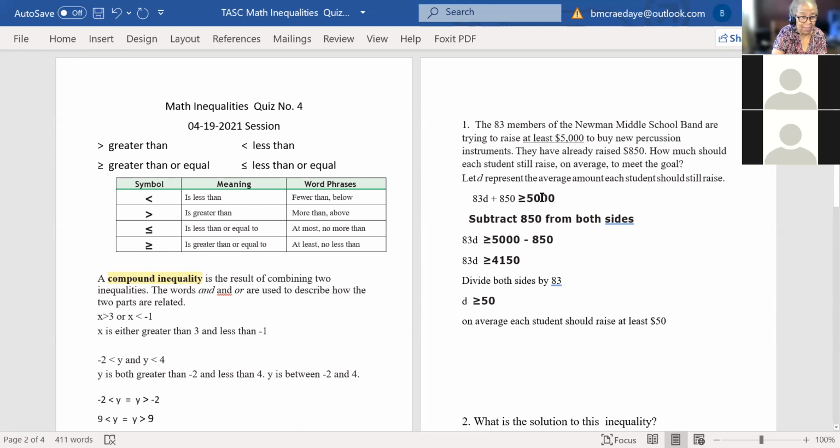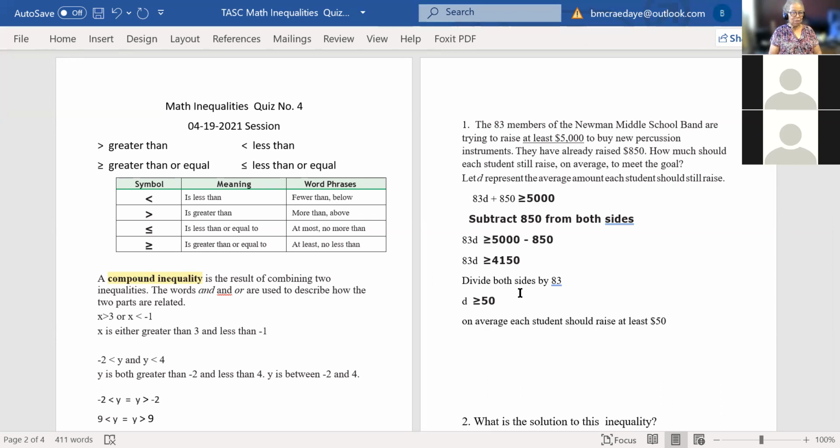So the 5,000 is what they want to raise, on the right. What makes up that 5,000 is what they already have, 850, plus what those 83 students earn, 83 times D, the average amount from each student. The 850 plus 83D must be greater than or equal to 5,000. Then we solve this for D and we get D greater than or equal to 50. So on average, each student should raise at least $50.